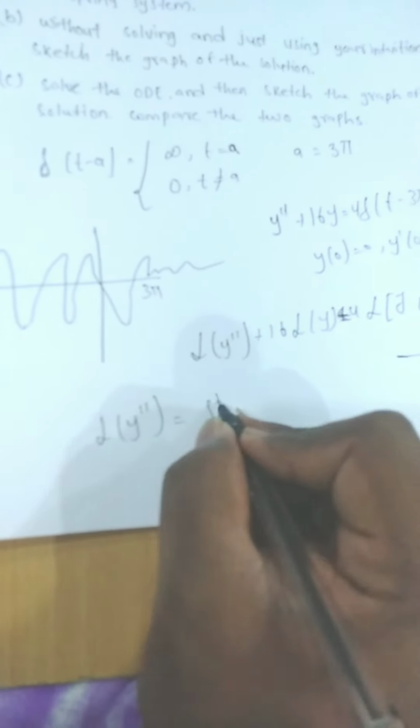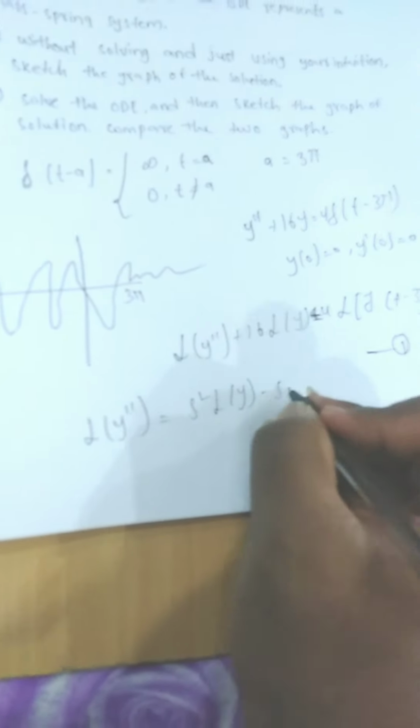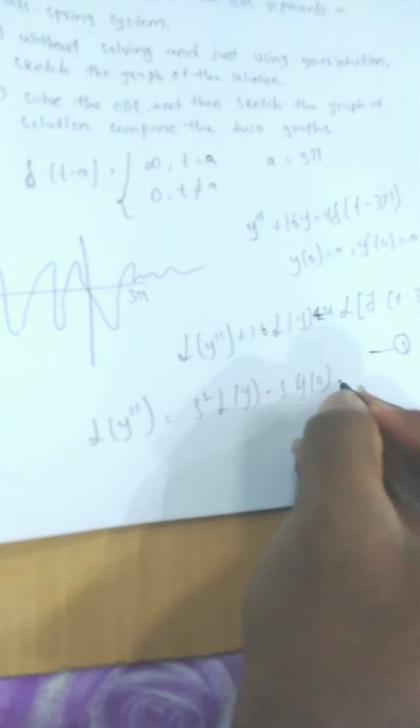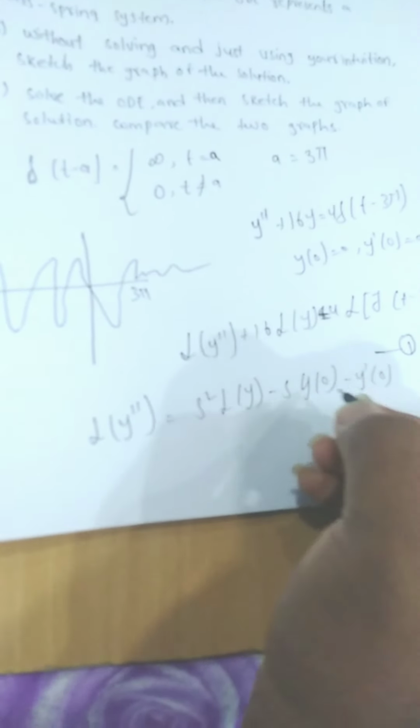The Laplace of y'' is equal to s² Laplace y minus s y(0) minus y'(0). That means the Laplace of y'' is equal to s² Laplace of y.